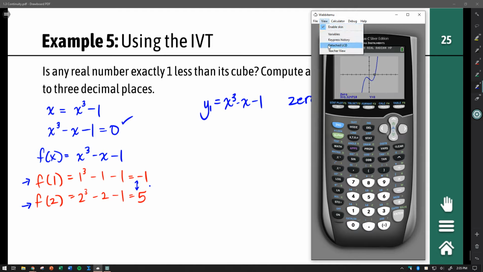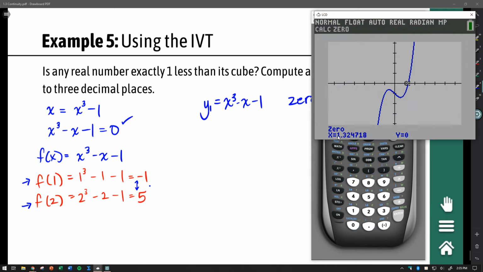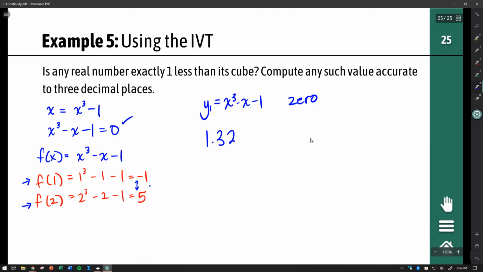I'll make this a little bit bigger. We have 1.32, and then rounding to the third decimal place, 5. 1.325 is where this function has its 0. And that concludes all of our study on continuity.